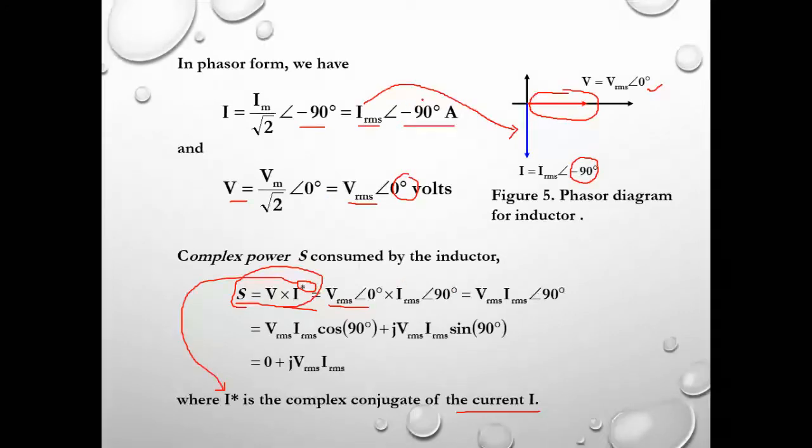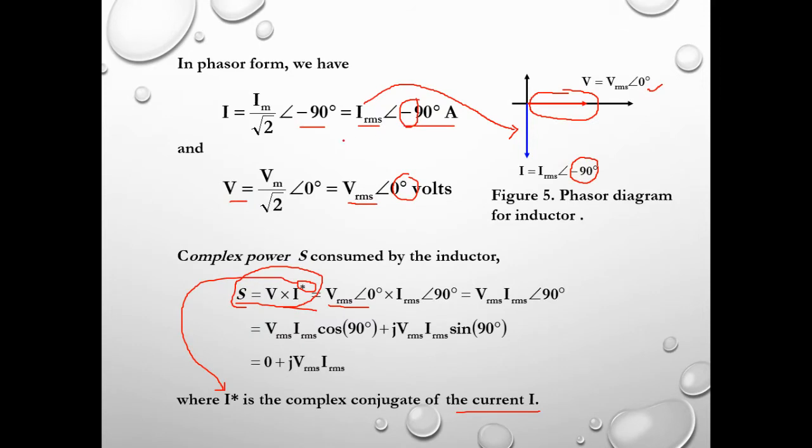Here we have a negative angle, but once you conjugate, we now have I RMS with positive 90 degrees. This is how the conjugate operation works: instead of negative, you now have positive.